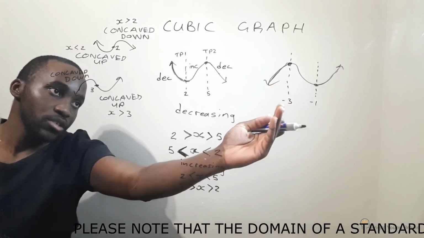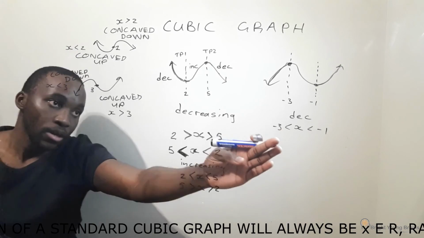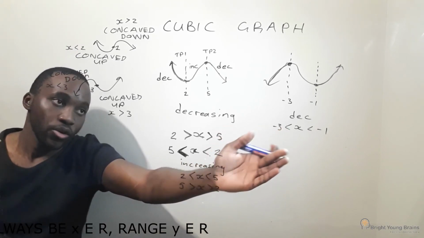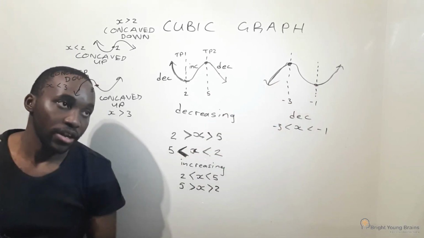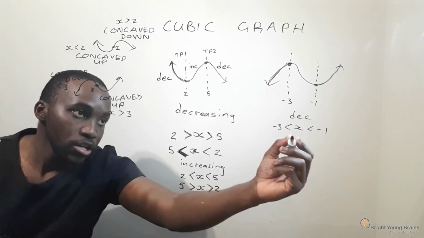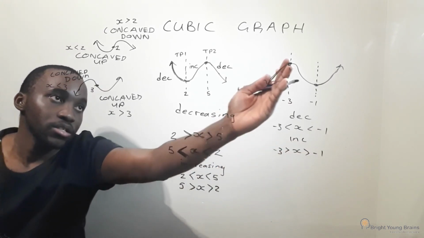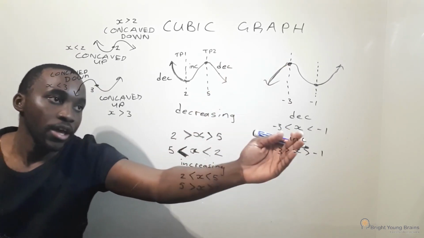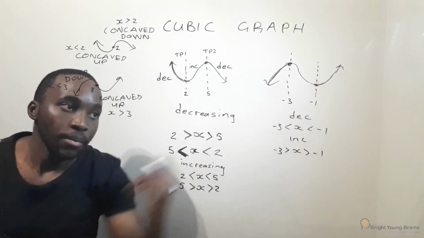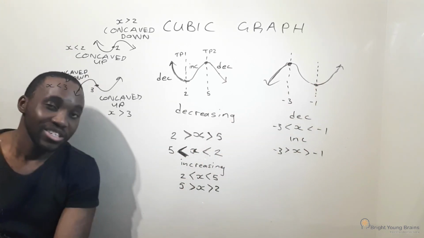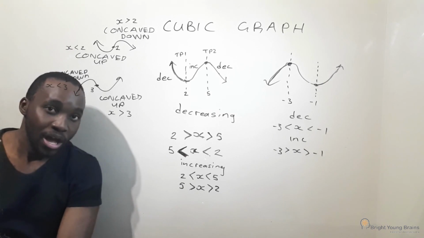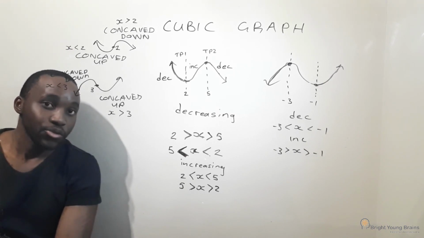So the graph is decreasing where x is bigger than -3 and where x is smaller than -1. It's increasing where x is smaller than -3 and where x is bigger than -1. So this is literally all you need to know about a cubic graph.